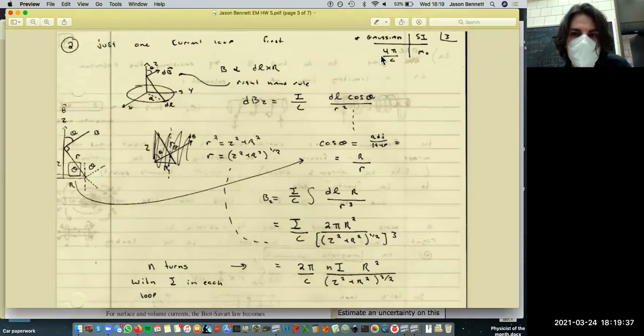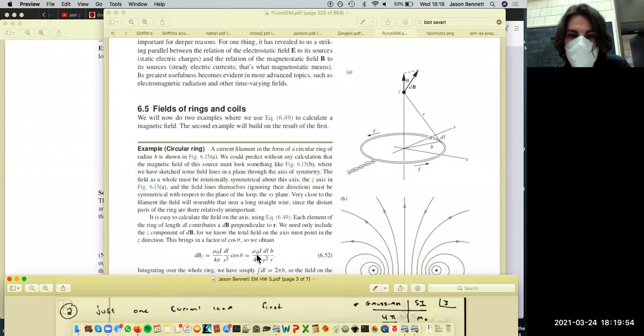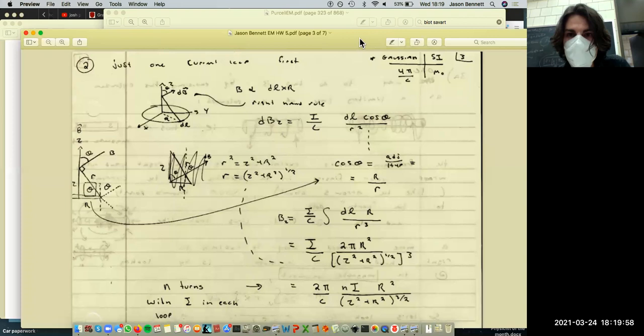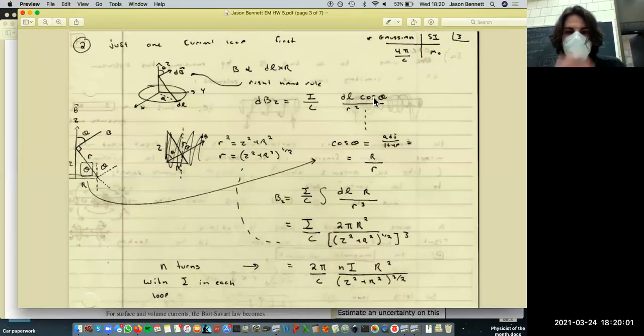One thing to notice about my homework, there's this annoying convention in my grad class that you have to use what's called Gaussian units, whereas we're using something called standard units. The conversion factor is, wherever you see this mu naught thing, for instance, right there in the Biot-Savart law, you replace it with a 4 pi over c. It's just a historical convention. I'm not exactly sure why we need to do it.